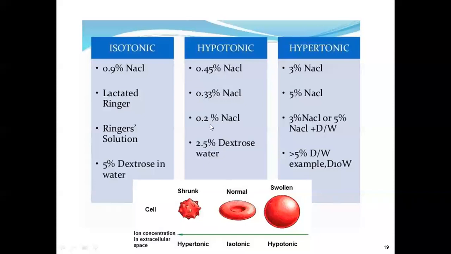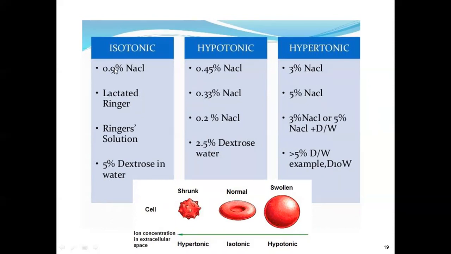And now let me give you some examples of hypotonic IV fluid. So 0.9% sodium chloride or normal saline is isotonic. If anything is more than 0.9%, for example 5% or 3% sodium chloride, it is hypertonic.